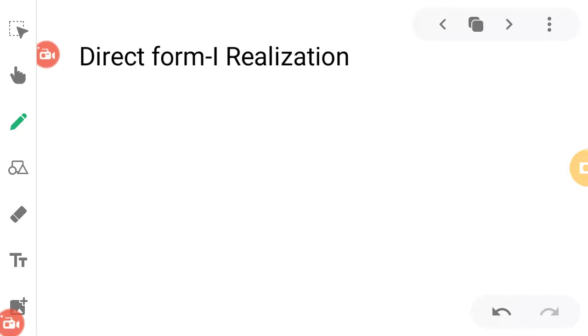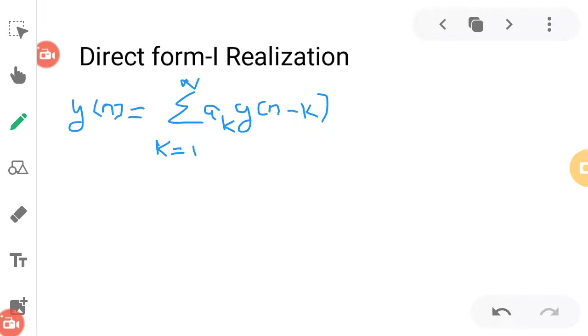In any LTI system, we can write y of n as minus sigma k equal to 1 to N of ak into y of n minus k, plus sigma k equal to 0 to M of bk into x of n minus k.